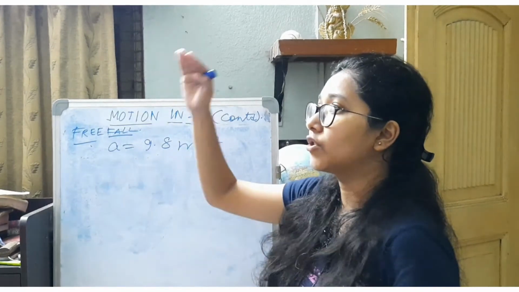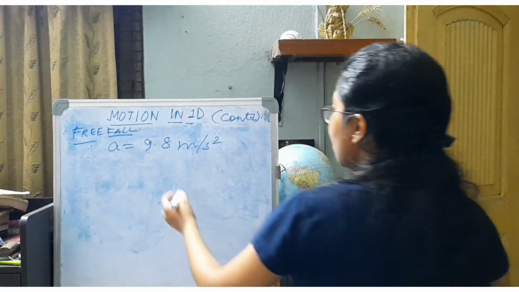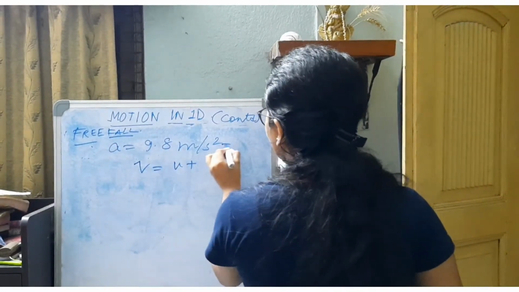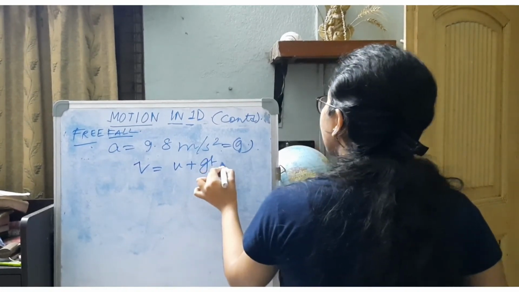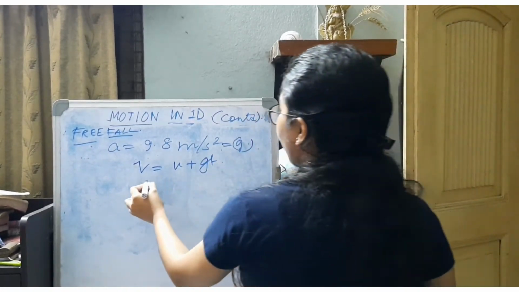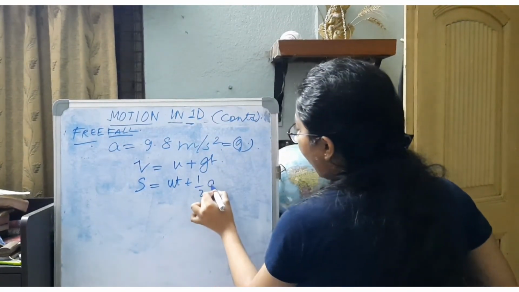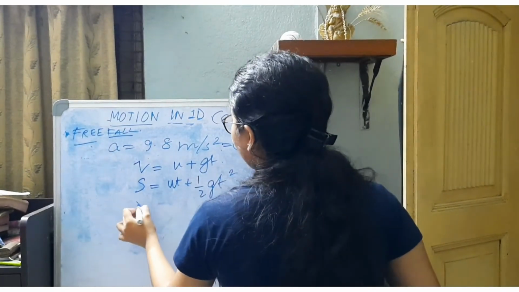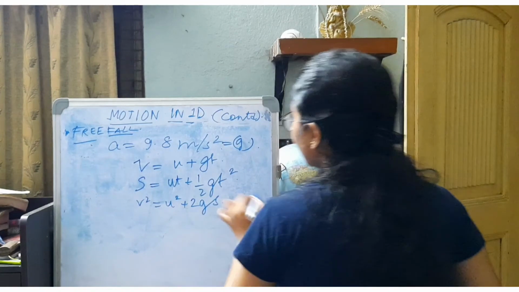Wherever you see that there is no acceleration given, but it is under the acceleration of the earth. So now how do we apply them? It is very simple. This value is often known as g. Okay. So I will be using the same equations but in a bit modified way. It becomes half of gt square in case of free fall, and v square is equal to u square plus 2gs.